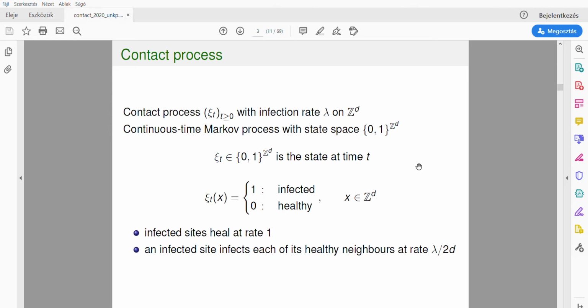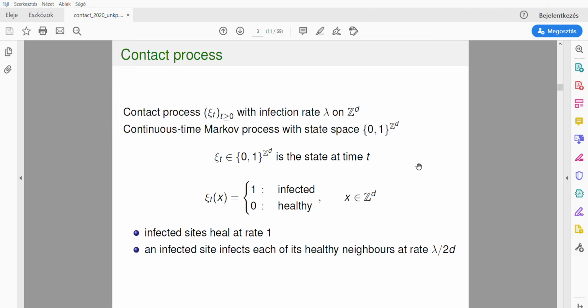Or I can alternatively say that on each of the edges that point from me to my neighbors, I have an infection clock of rate lambda divided by 2d, and if any of these clocks rings, then I transmit the infection along the arrow whose clock just rang. So these are two different ways of saying the same thing, and this is the definition of the contact process.